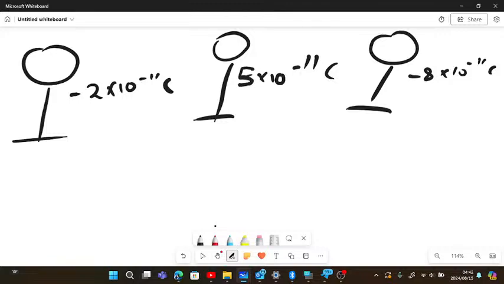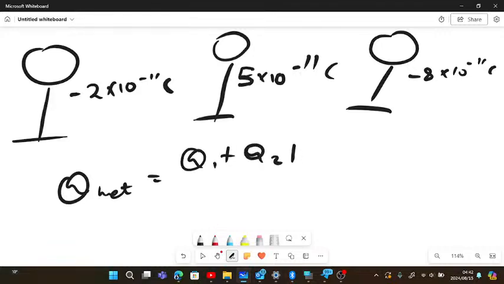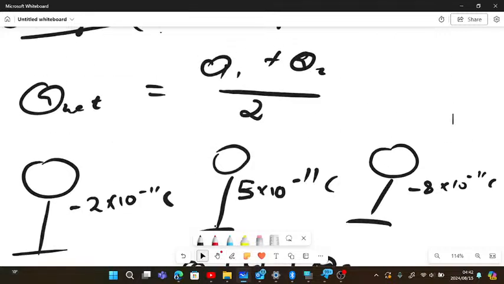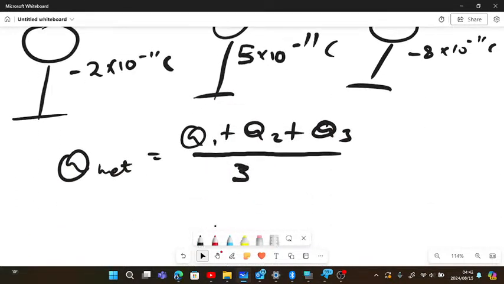In this instance, Q net equals Q1 plus Q2 plus Q3, divided by 3, according to this formula.